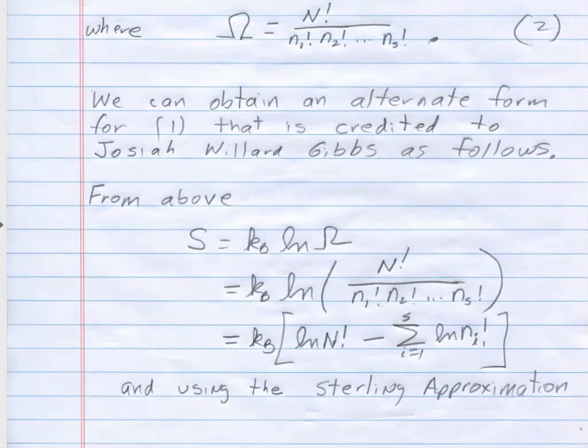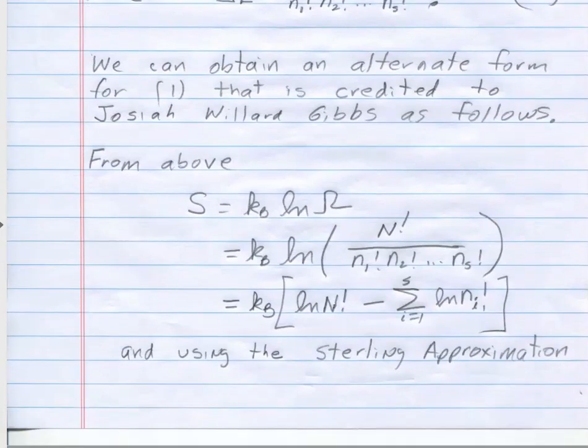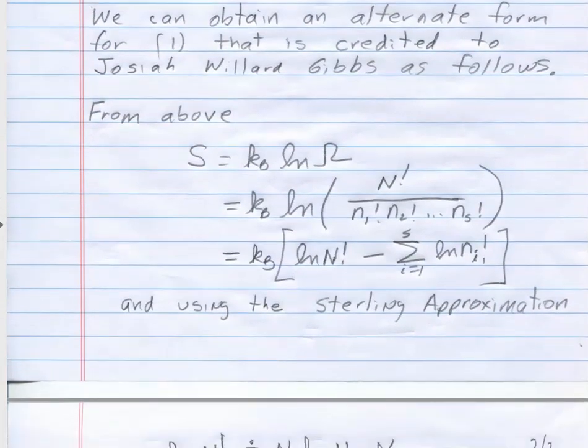And Gibbs said, well, let's take a look at that and really manipulate it. So I'll substitute that expression in for the number of accessible states, and that's simply this expression.